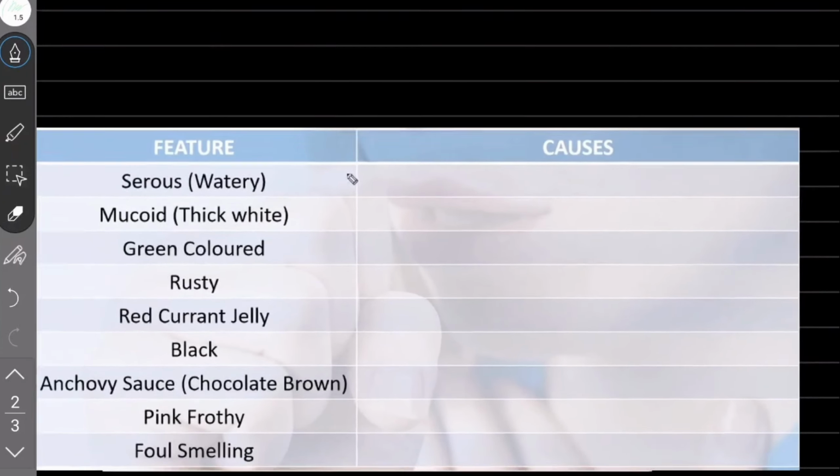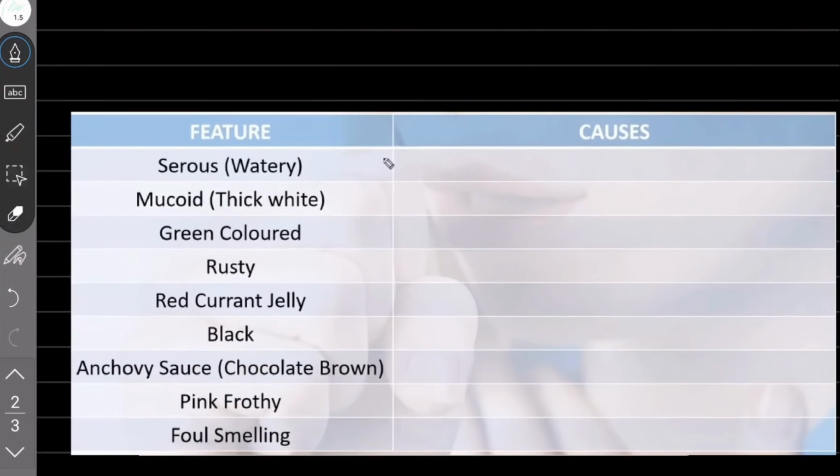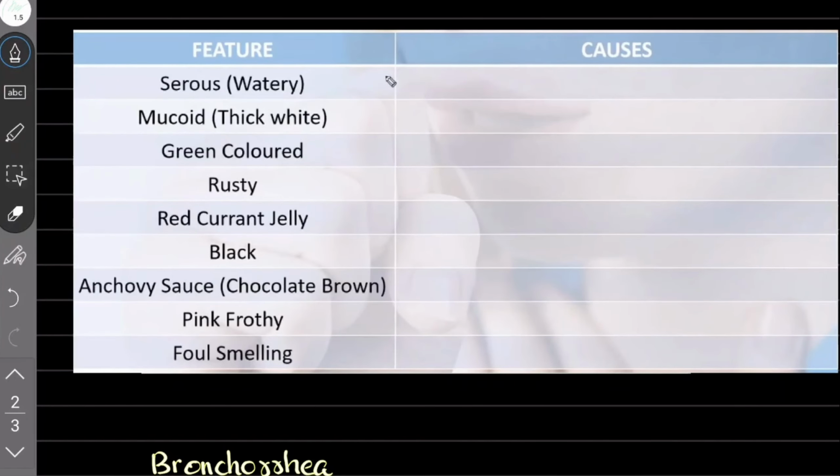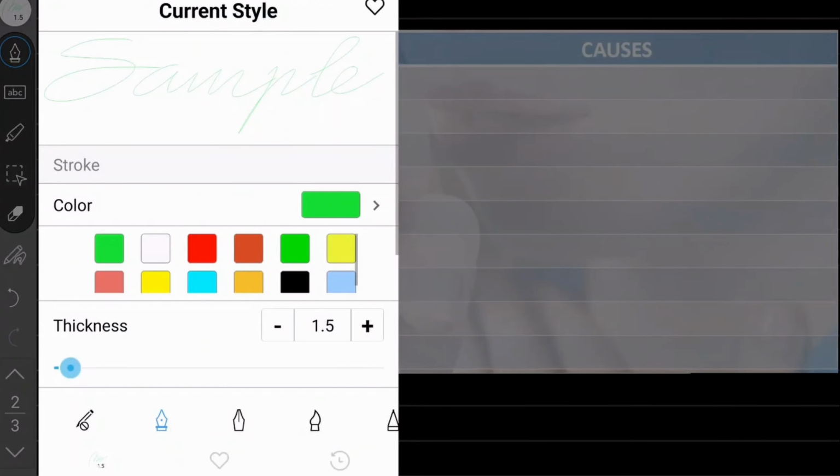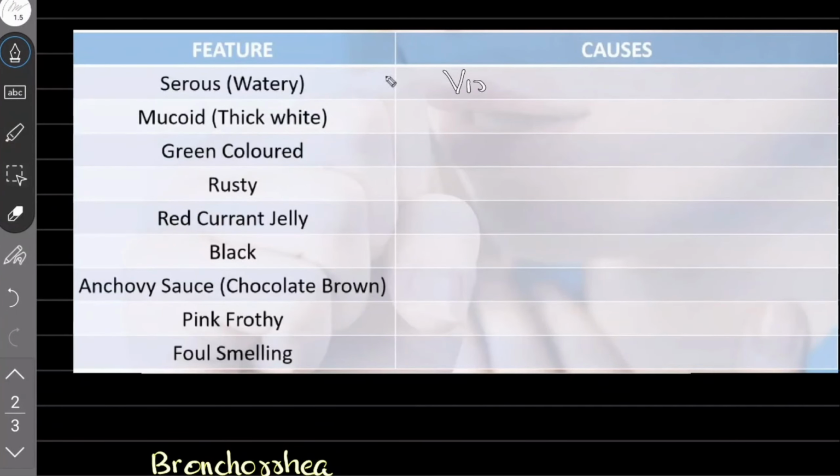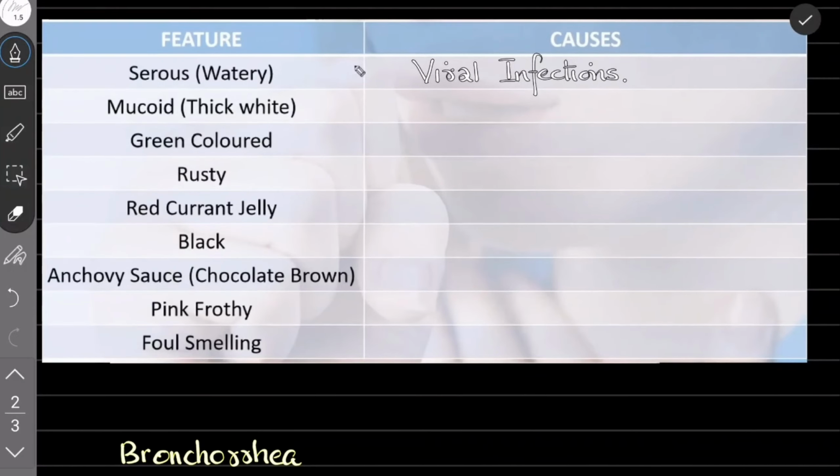We will discuss sputum characteristics. There are several types of sputum we see. Serous or water-colored sputum is seen in viral infection. Then mucoid sputum, which is thick: in thick sputum, we remember COPD, chronic obstructive pulmonary disease, and chronic bronchitis.